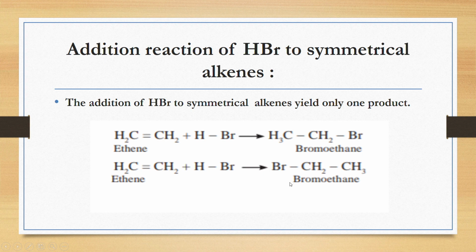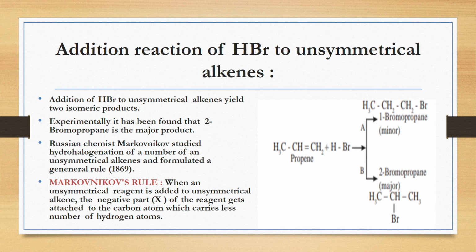But if the given alkene is unsymmetrical, then two different products will be formed. Experimentally it has been found that when propene is treated with HBr, 2-bromopropane is the major product. So how has it formed? Russian chemist Markovnikov studied hydrohalogenation of a number of unsymmetrical alkenes and formulated a general rule in 1869.